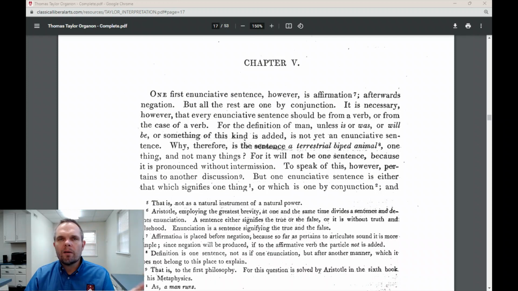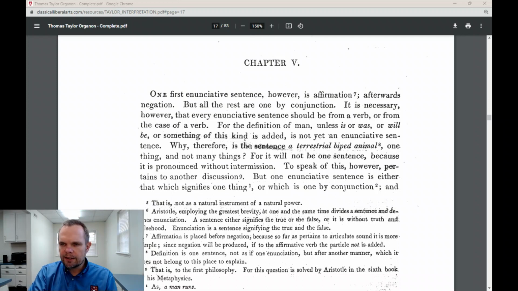How do we know? How do we know that? If a person's talking to us and they say all of these words in succession, they say a terrestrial biped animal, how does our mind know that though they have spoken 4 names or 4 words, how does our mind know to think of just one thing? How does our mind know that?